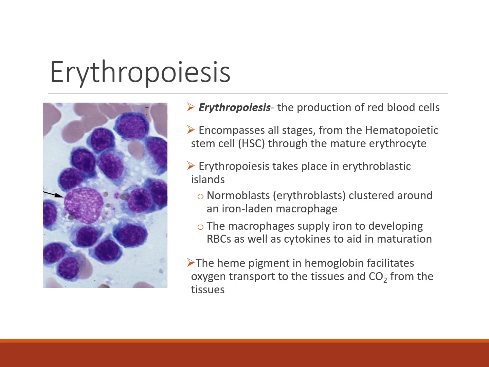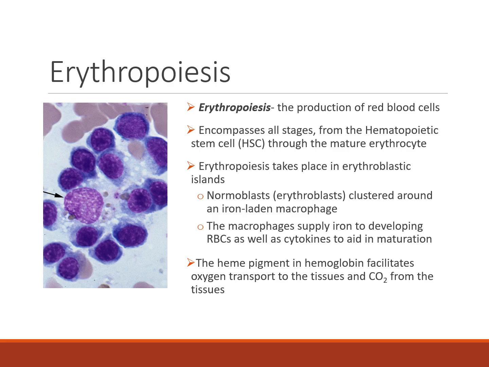And if you look at the picture, these immature red cells are clustered around this iron-laden macrophage. So remember, resident macrophages of the bone marrow store iron. We call them siderophages.